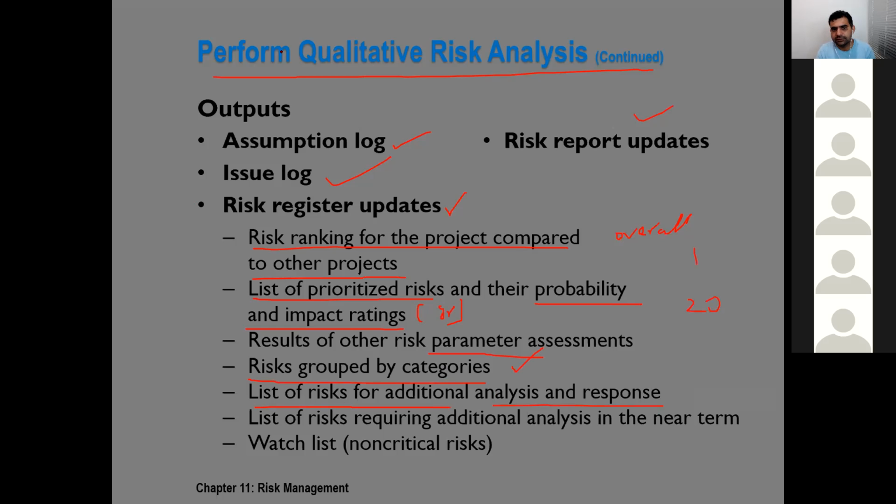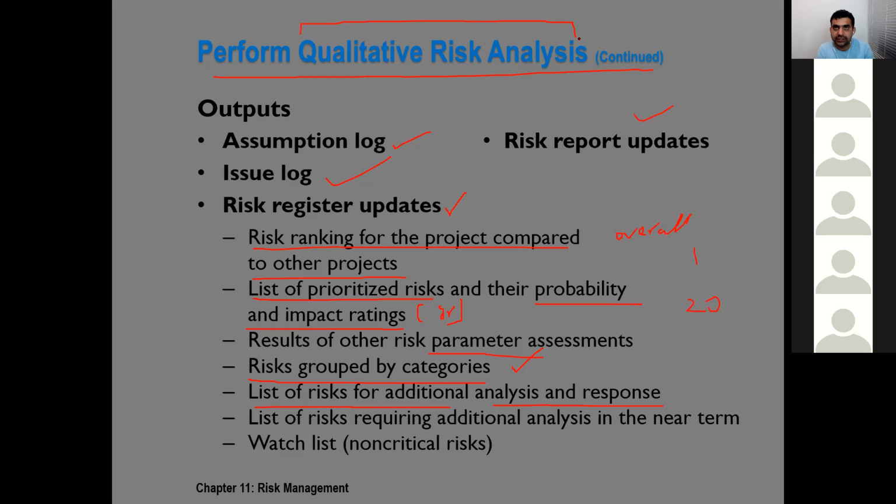This is a very important output of qualitative risk analysis. It helps us make an informed decision on whether we are going to invest more money and time on further analysis of the risks or not.